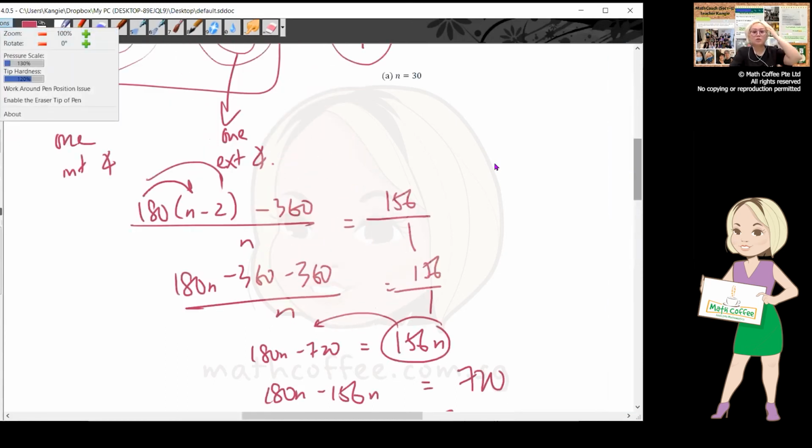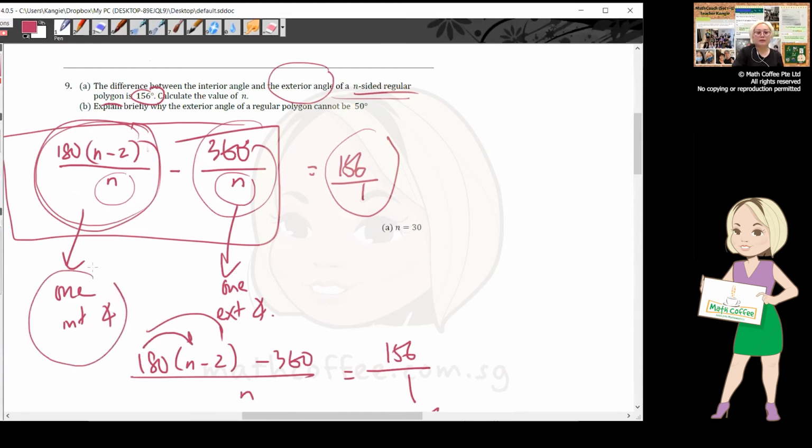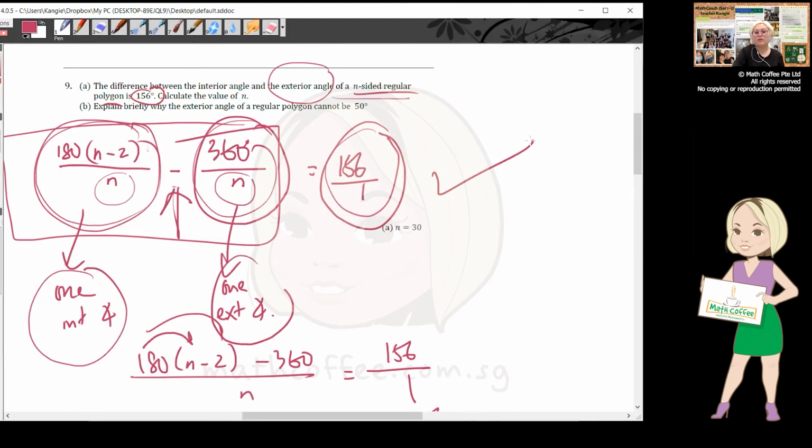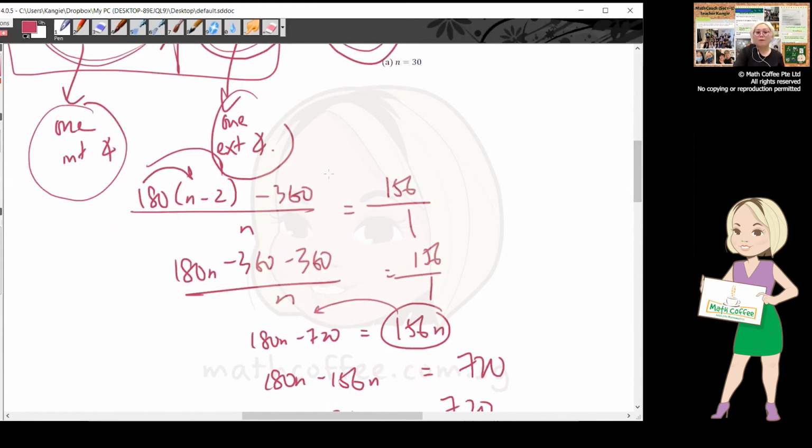So you need to know how to form algebraic expressions for interior and exterior angles, and the difference means you form an equation: you minus them, and it equals 156. So I already formed the equation. Next is, of course, to solve the equation. And solving the equation, you always need to combine into a single fraction on both sides.